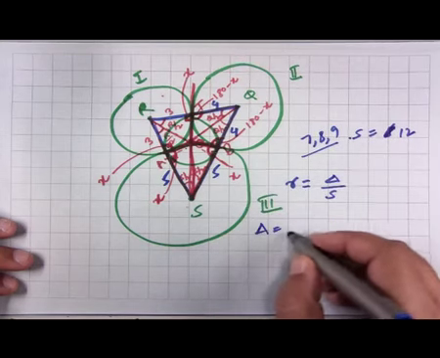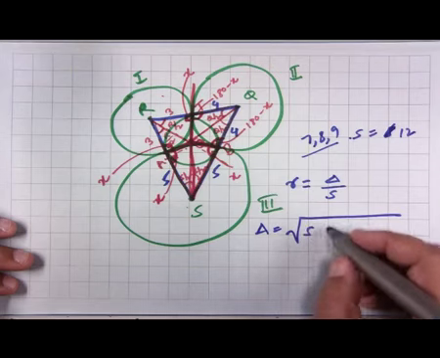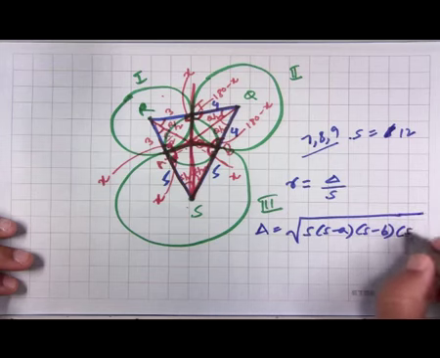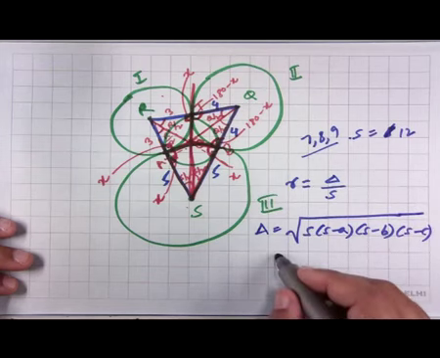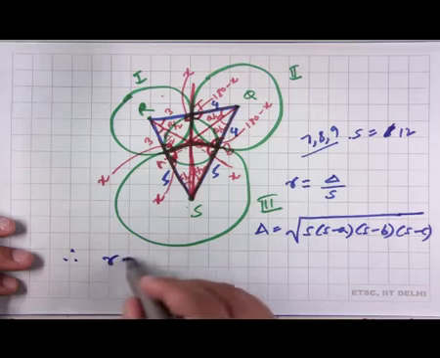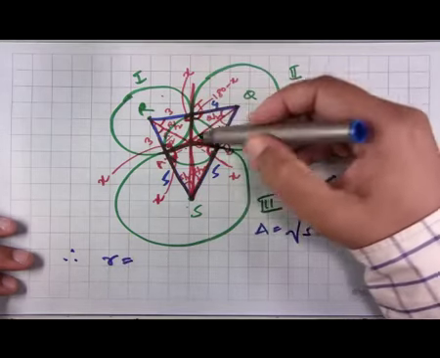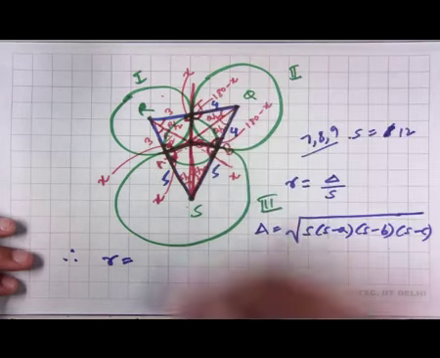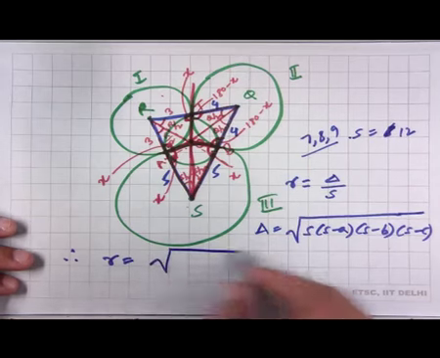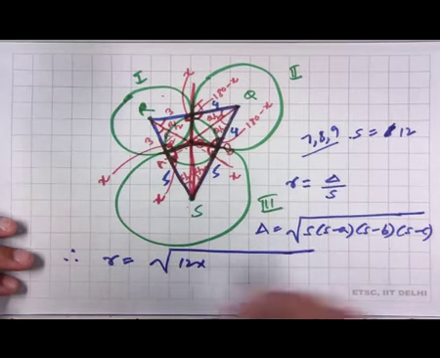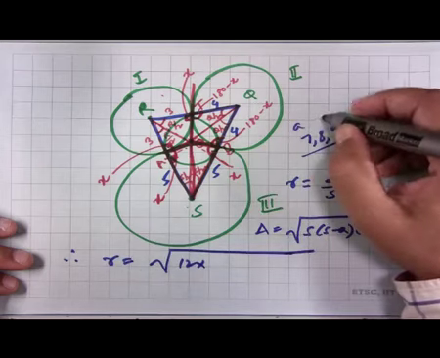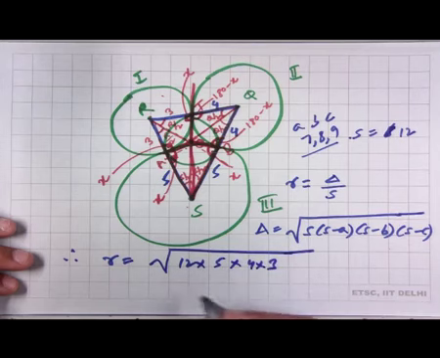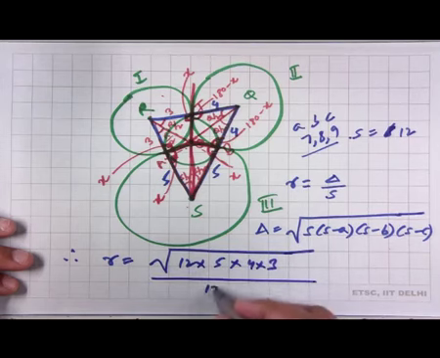The area is equal to the square root of s into s minus a into s minus b into s minus c. Therefore, the inradius, which is equal to the distance of the point of intersection of the tangents to the point of contact, is equal to the square root of 12 into, so 12 minus, let these be a, b and c, so 5 into 4 into 3, divided by s.